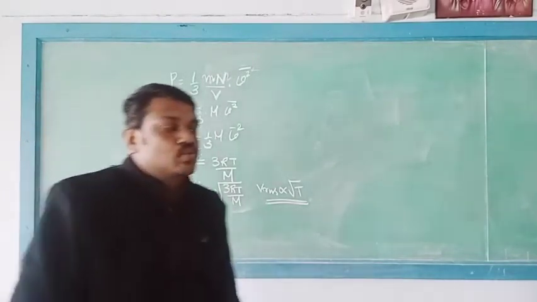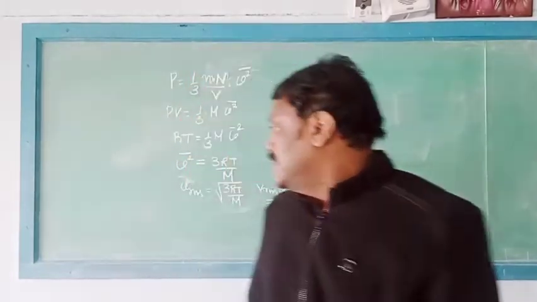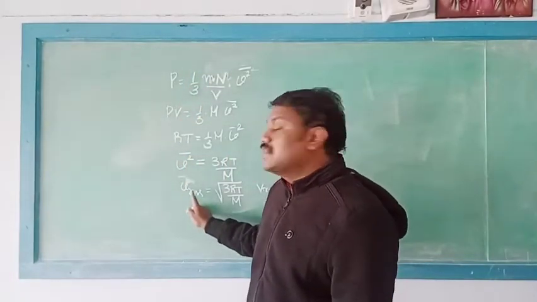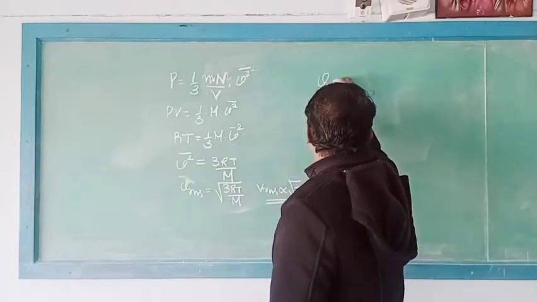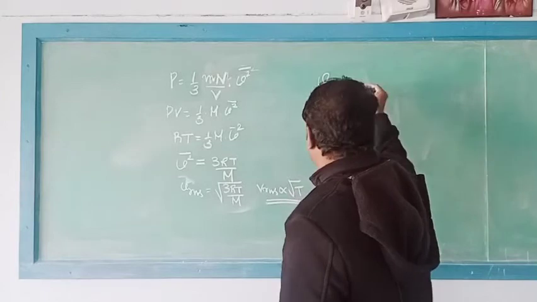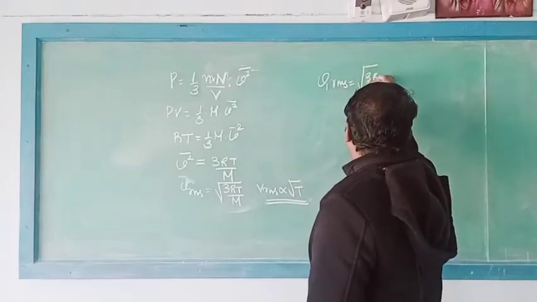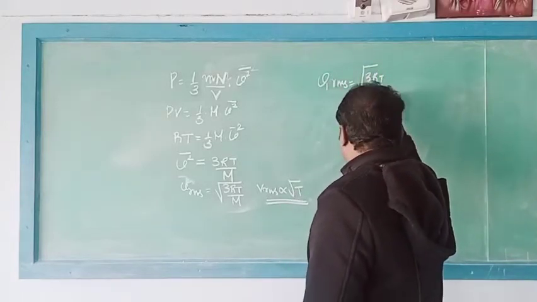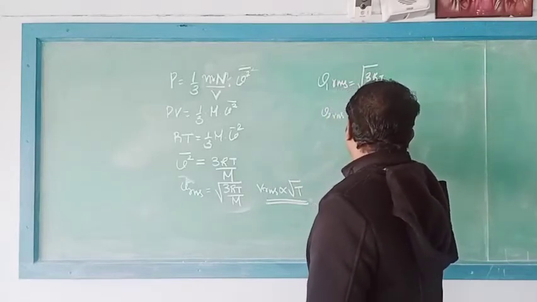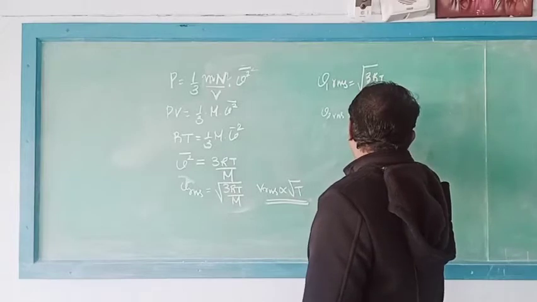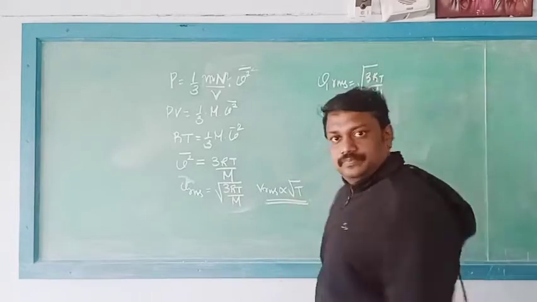Suppose we have two gases with molecular masses M1 and M2, and their RMS velocities are V1 RMS and V2 RMS. So V1 RMS is equal to root of 3RT divided by M1, and V2 RMS is equal to root of 3RT divided by M2.